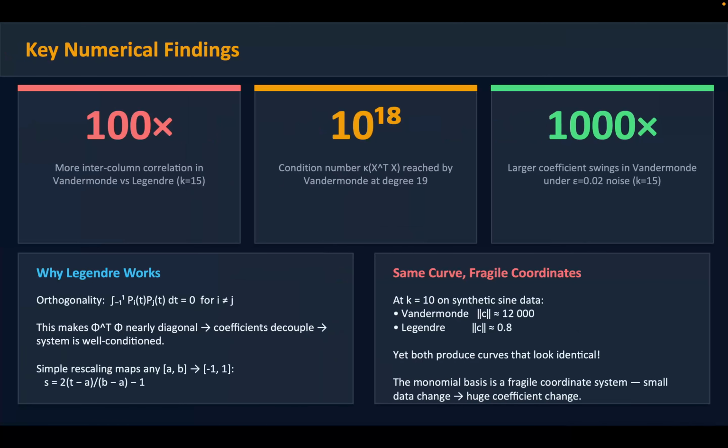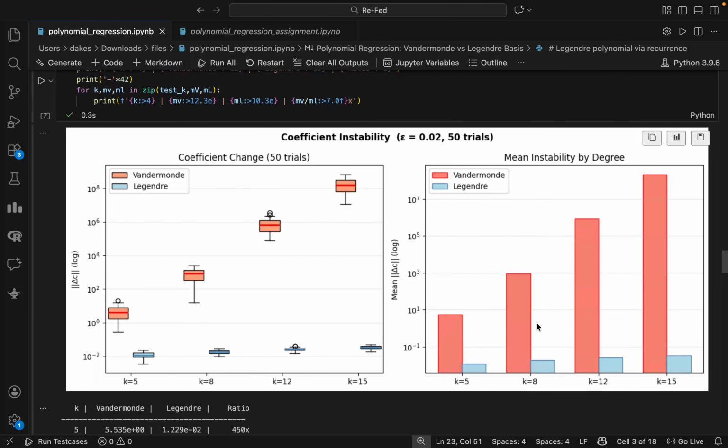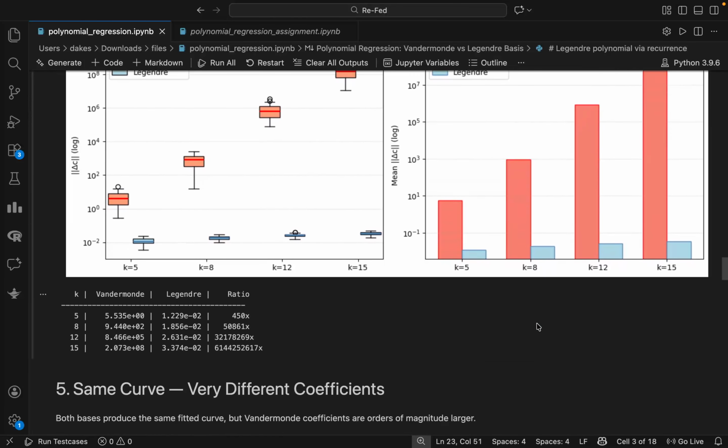Legendre coefficients barely move. That is what I'm showing in this slide. It is roughly 1,000 times more unstable, from a noise level that is smaller than a typical measurement error in real life. This is what the tutorial calls coefficient instability. The monomial basis is a very fragile coordinate system, and this is very obvious from the plot itself.